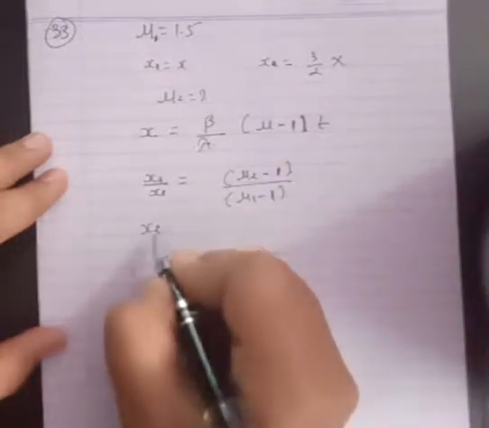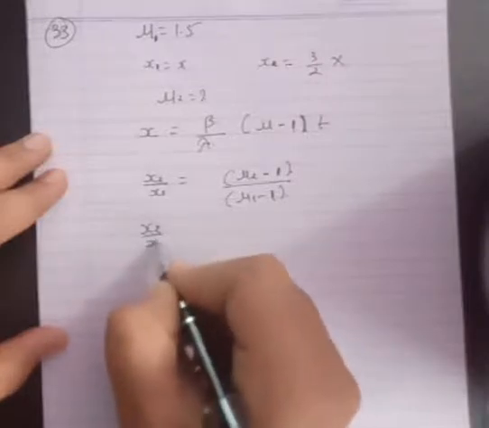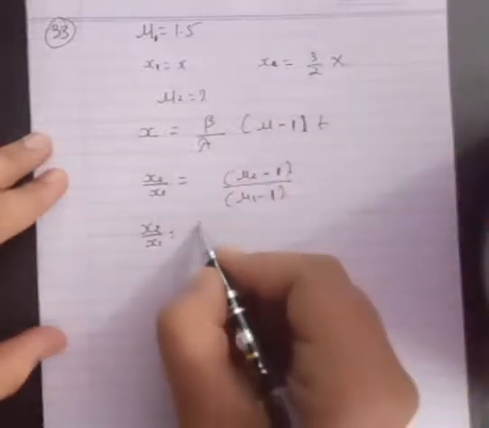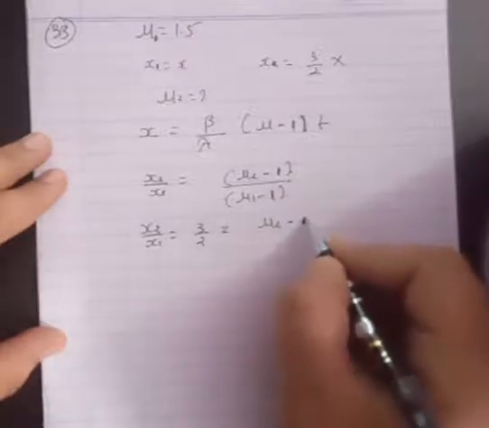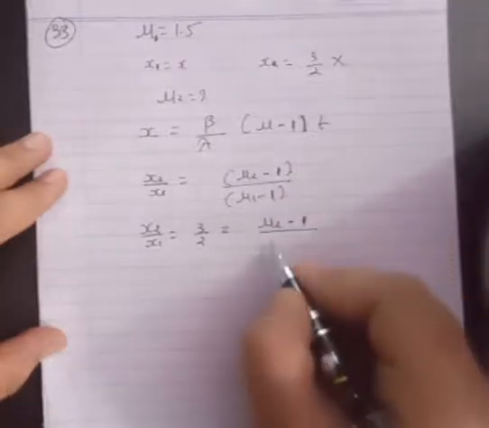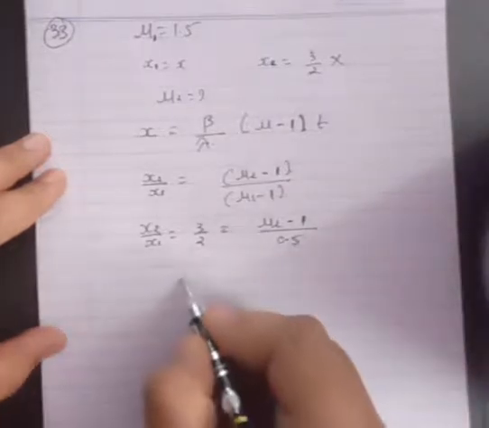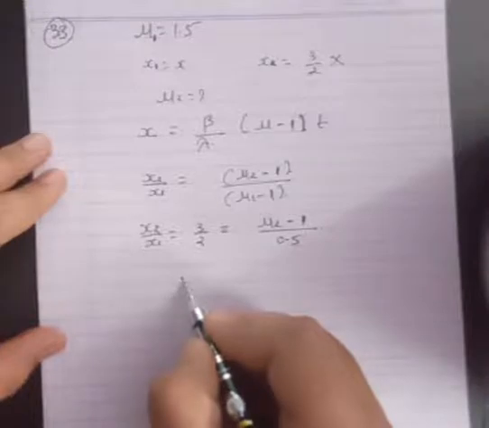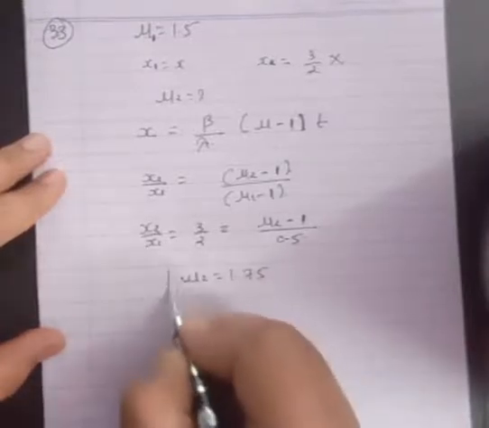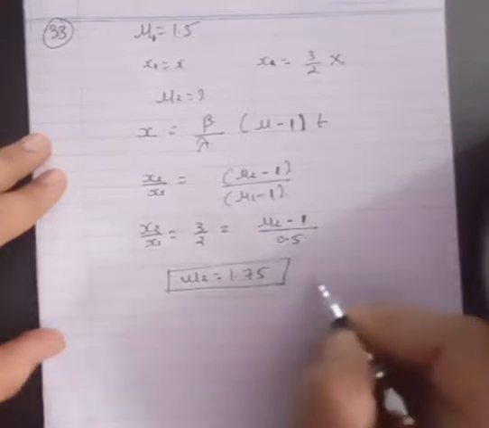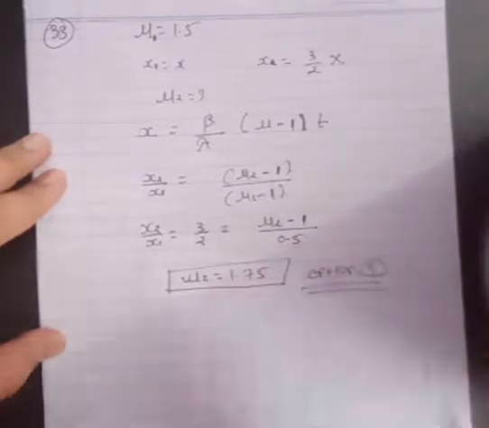From this we can write 3 by 2 is equal to mu2 minus 1 divided by 1.5 minus 1, that is equal to 0.5. So mu2 will be equal to 1.75. So option 3 is the correct option.